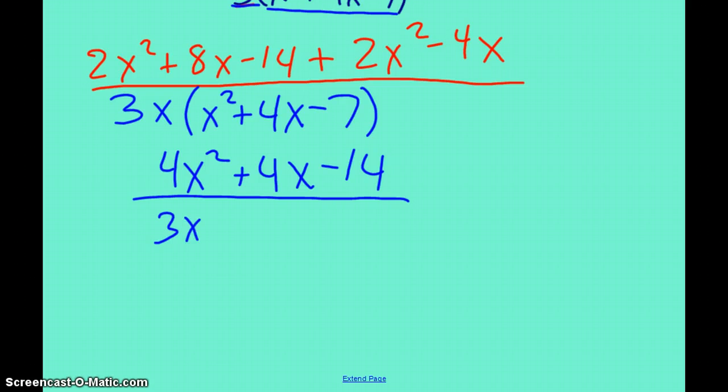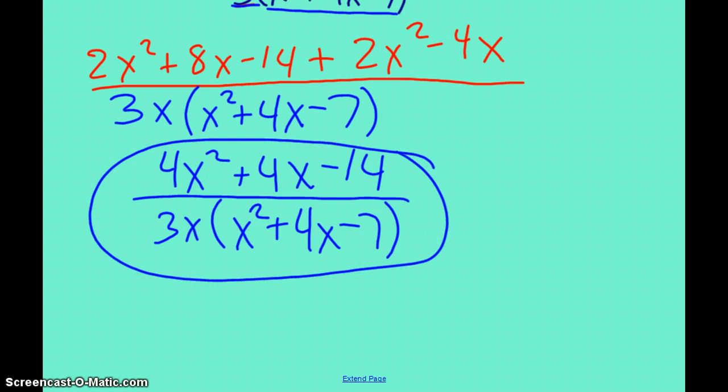My denominator, we said we can always leave in factored form. There's the solution to that problem. We're getting into pretty advanced fraction work here as we're looking at shared factors. Let's look at another example.